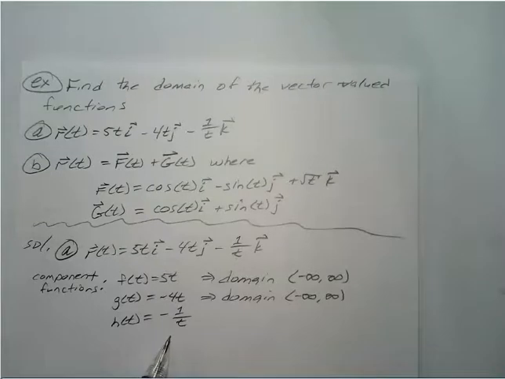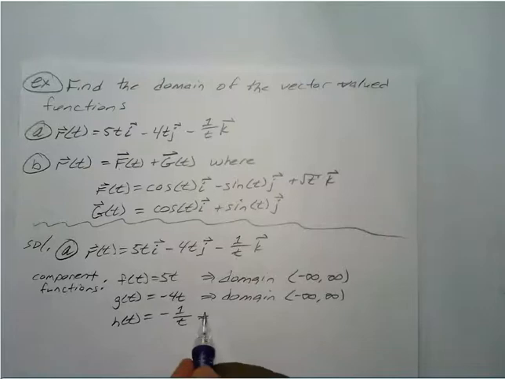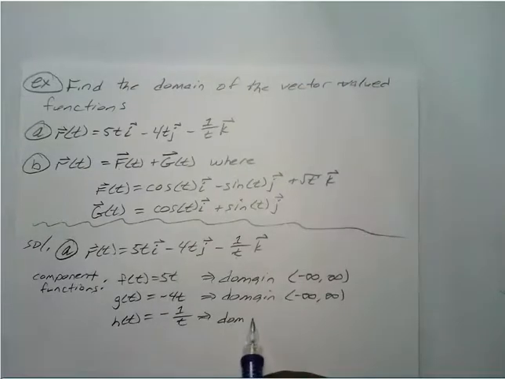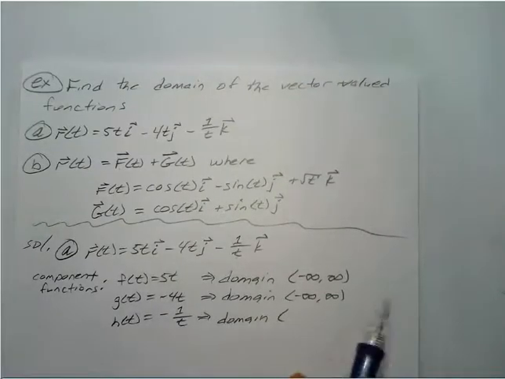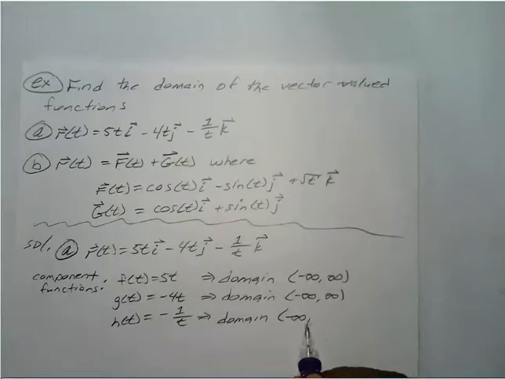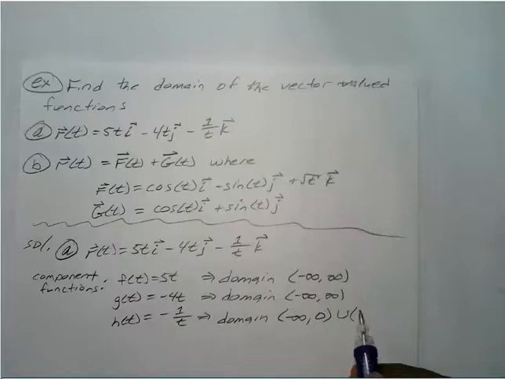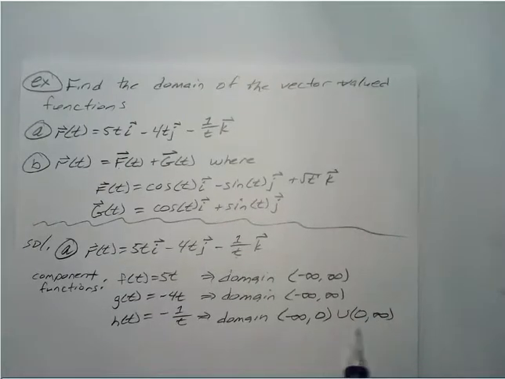Now for h of t, you notice you have that 1 over t. And if there's one thing we know, it's that the denominator cannot equal 0. So the domain for h of t is from negative infinity to 0, and then on the other side of 0 to positive infinity. So basically any number except 0. When you get to 0, it has to skip to the other side and keep on going.